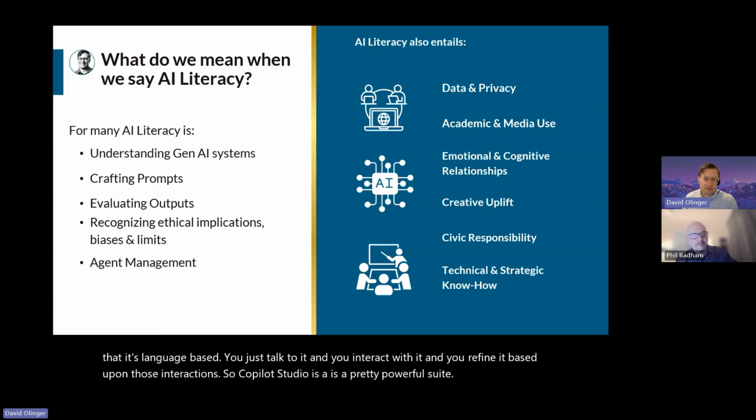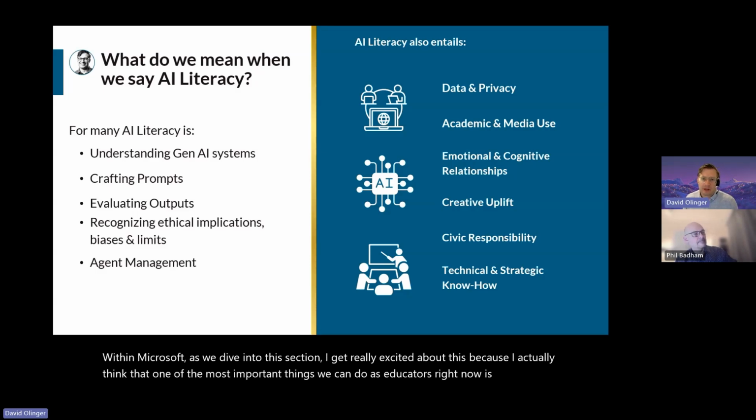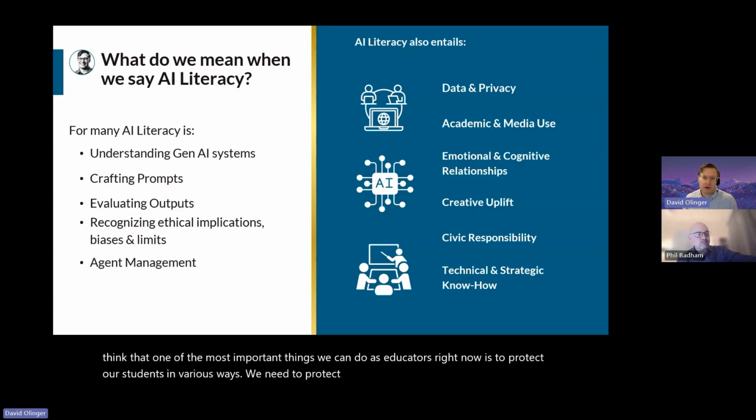As we dive into this section, I get really excited because I actually think that one of the most important things we can do as educators right now is to protect our students in various ways. We need to protect our students' brains because we know that students need to be challenged and stressed to get that brain activity, and there are ways that students can use AI to circumvent that. We need to teach them the proper way of how to use AI.